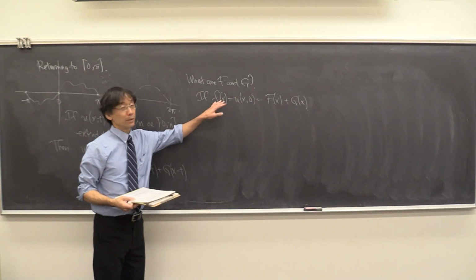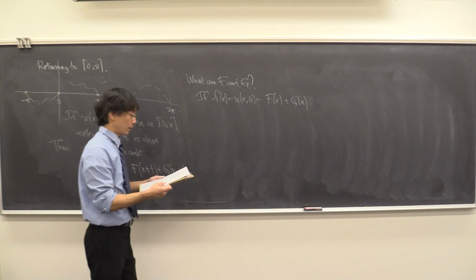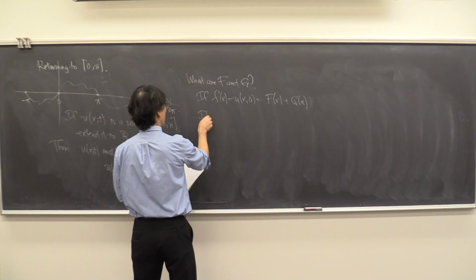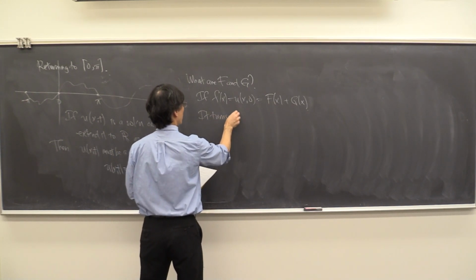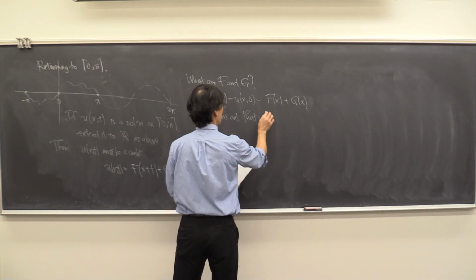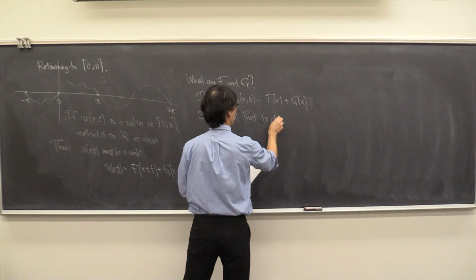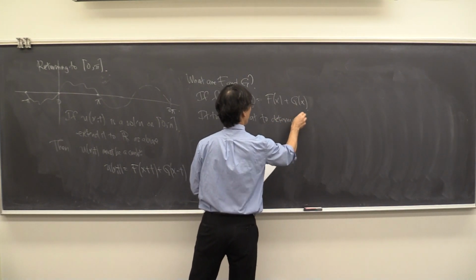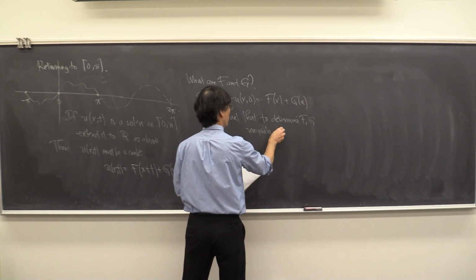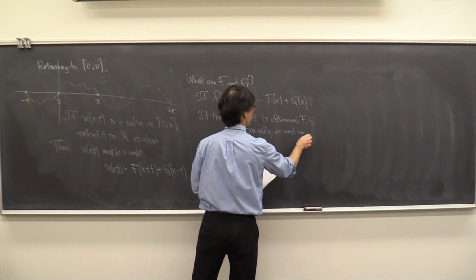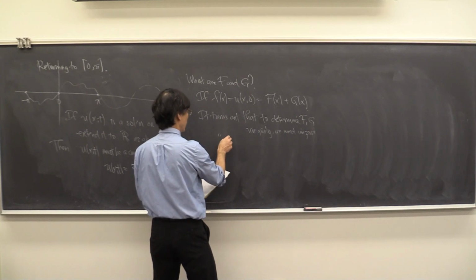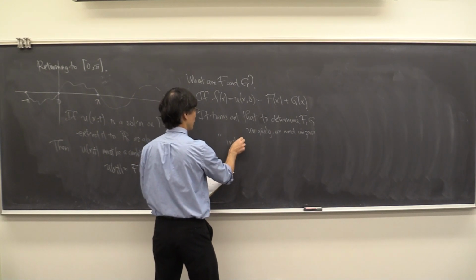Okay, so that's one thing that we know. It turns out that to determine F and G uniquely, we need to impose another condition that is like a sort of initial velocity condition.